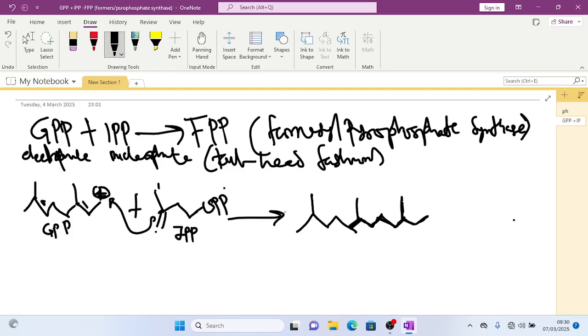This is 1, 2, 3, 4, 5, 6, 7, 8, 9, 10, 11, 12, 13, 14, 15. So with the OPP. So what do we call this compound? This compound is referred to as farnesyl pyrophosphate.